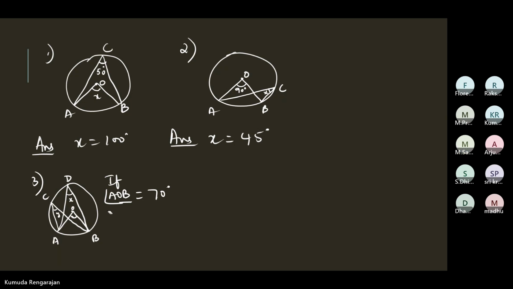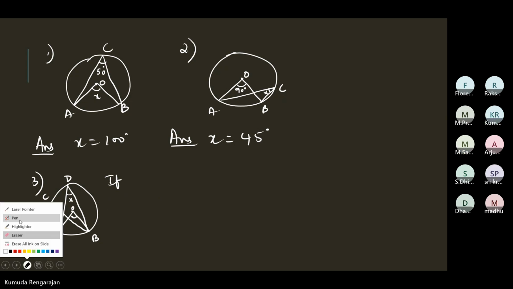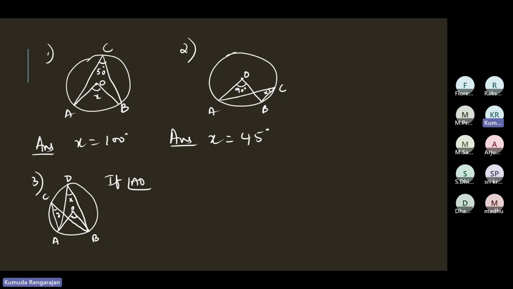ACB. If angle AOB is equal to 70 degrees, then X is equal to 35 degrees, ma'am.